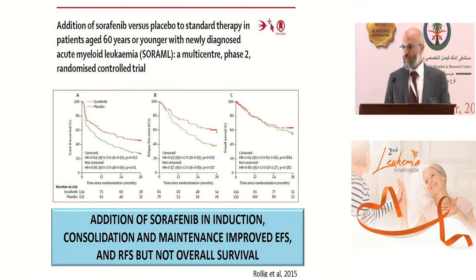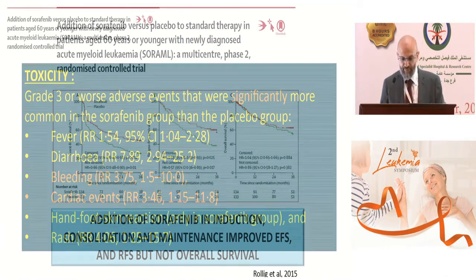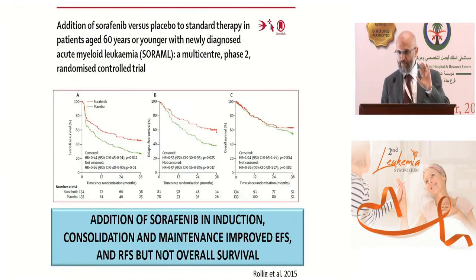But then the next question would be, well, if you're doing it on the basis of that study, you should treat all patients with AML with sorafenib, because that study wasn't a FLT3 positive AML study. It was all AML patients. A subset of those had FLT3, and that subset was too small to make any meaningful conclusion of the benefit of sorafenib in terms of an overall survival advantage.